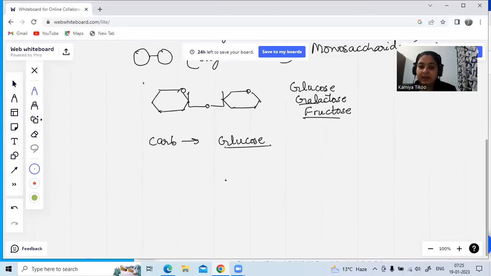This glucose enters inside each cell of the body because each cell of the body requires energy. ATP is called energy currency of the cell.